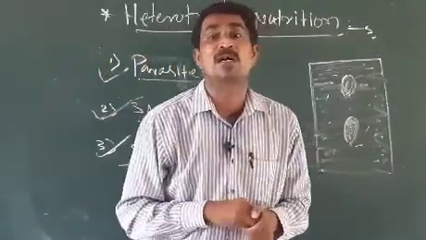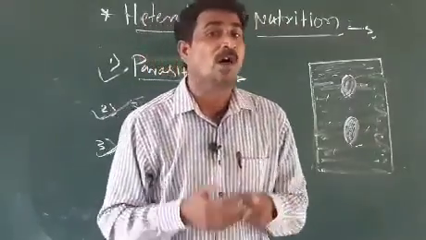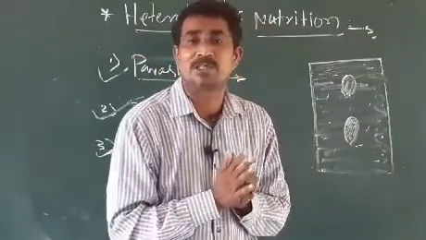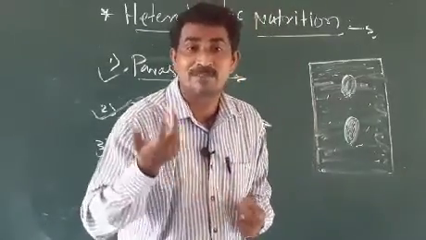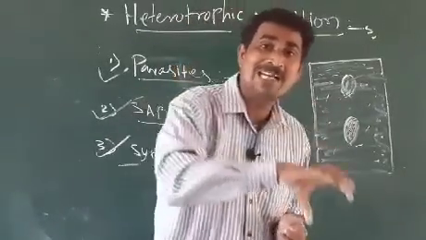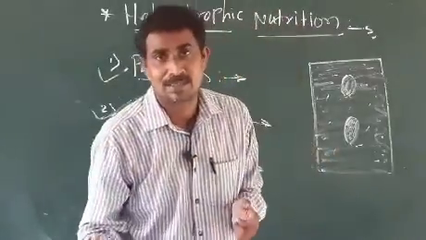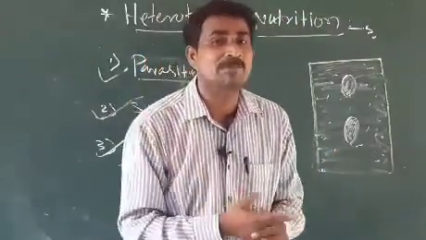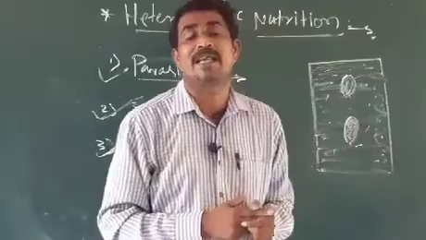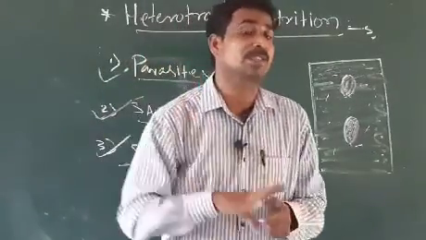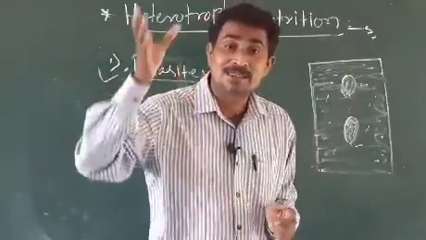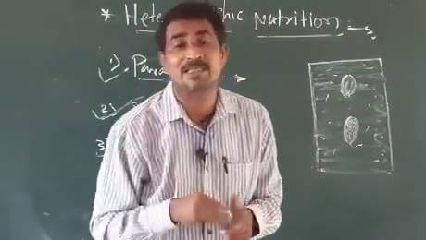Next is the omnivorous organism. Omnivorous organisms are those that depend on plant food as well as animals; both types of mixed food they take. Such organisms we consider omnivorous.